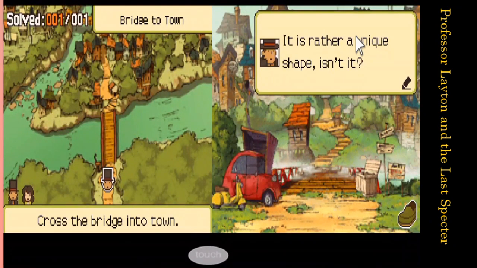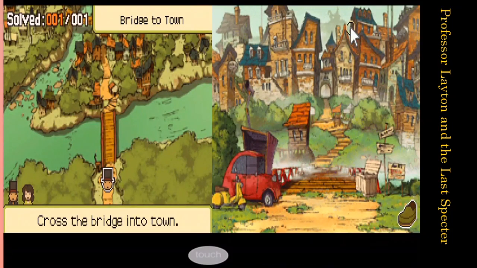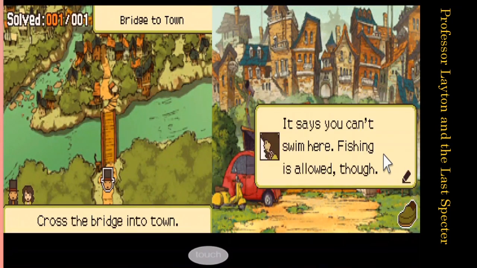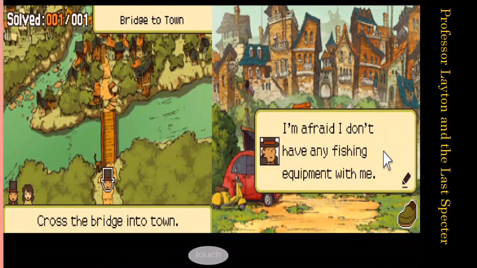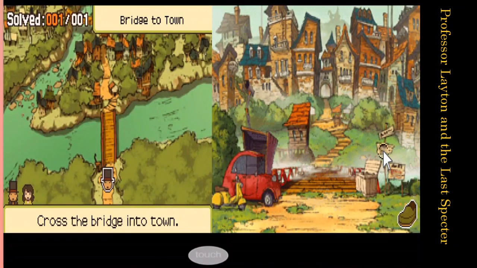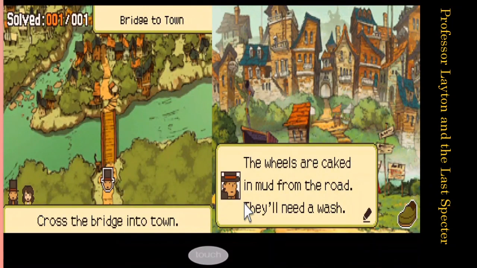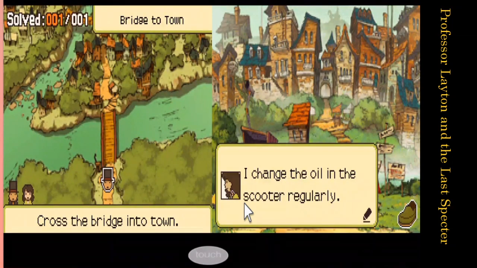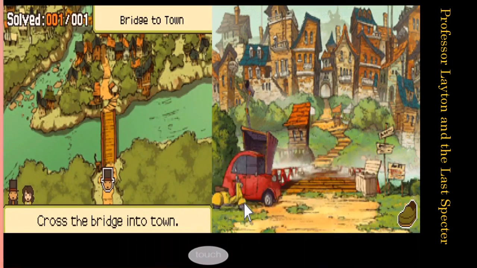Oh, that's rather a unique shape, isn't it? What is? I'm afraid I don't have any fishing equipment with me. I change the oil in the scooter regularly. Anything else for me to tap, or am I done tapping everywhere? There's nothing else to tap. Okay, let's move on.